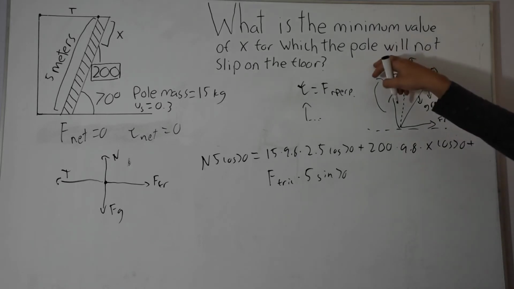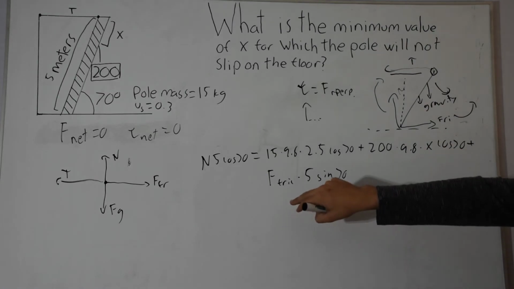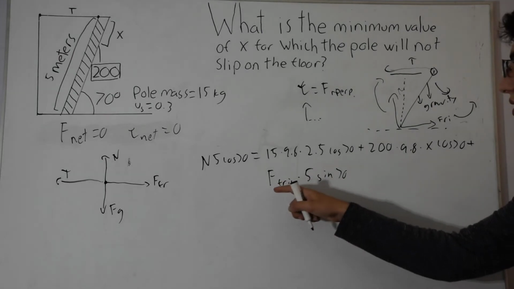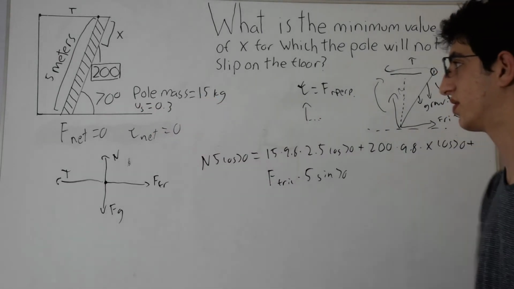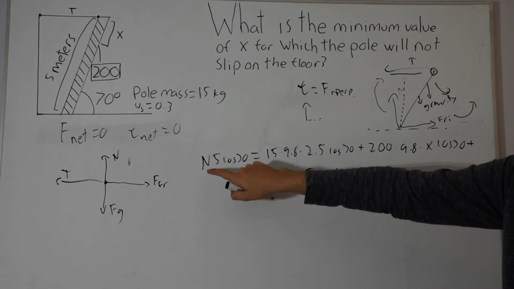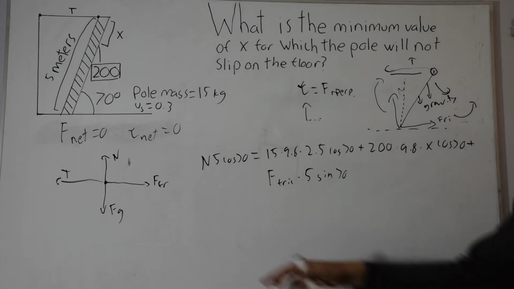Okay, so what do we know about... So from the question we know that our variable has to be x. But as we see, we have this force of friction, which is the normal force times the coefficient of static friction, and we have this normal force. So really, we have another variable that's a normal force. So how can we figure out how much a normal force is? Well, look at this free body diagram.